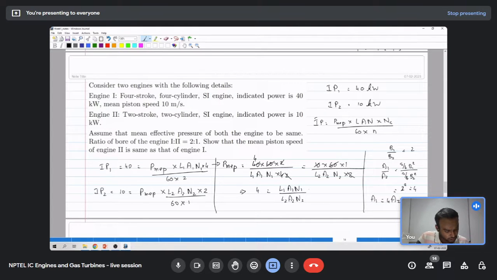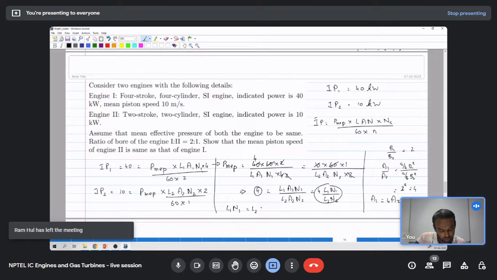We know that A1 is 4 times A2. That means we have 4 L1 N1 by L2 N2. So 4 gets cancelled, and we have L1 N1 equal to L2 N2.